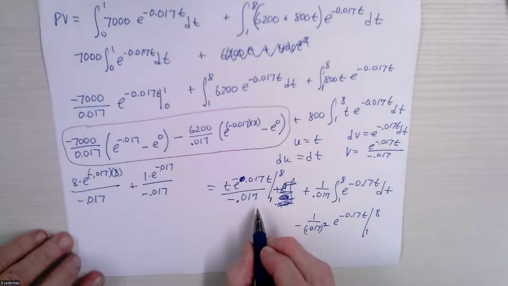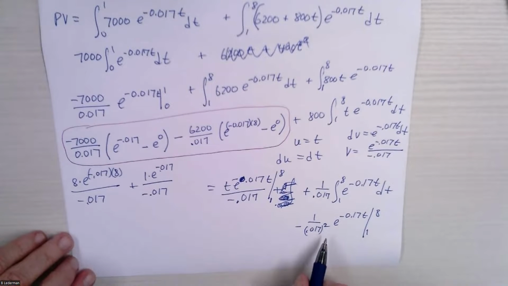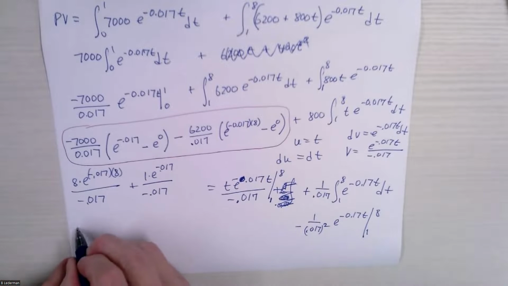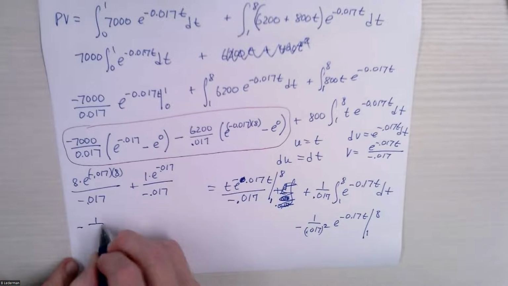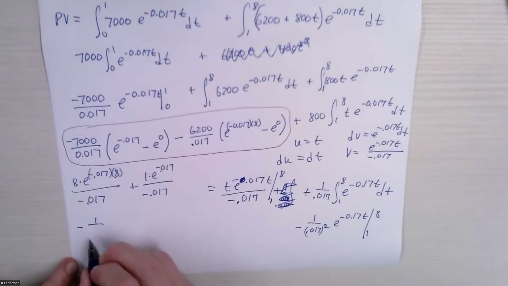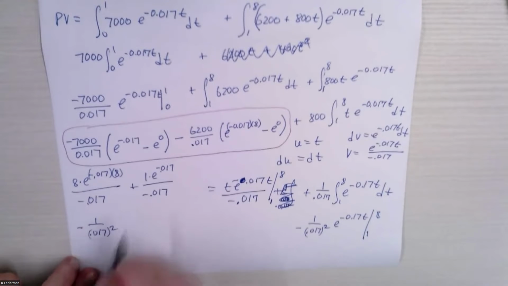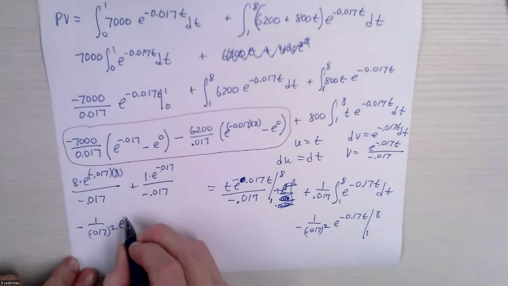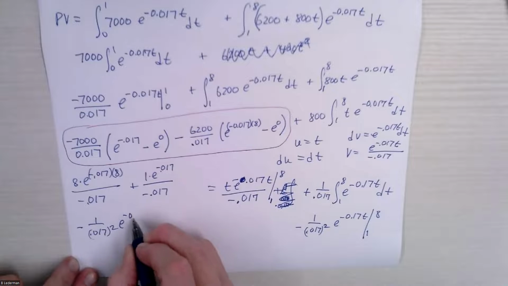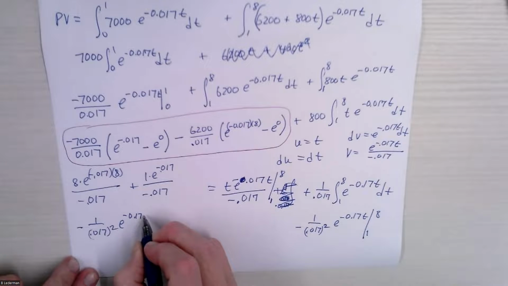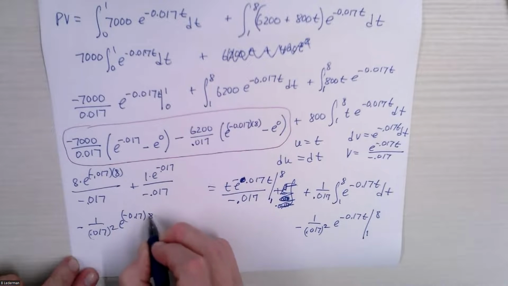That's this part here. And then minus 1 over 0.017 squared times e to the negative 0.017 times 8.